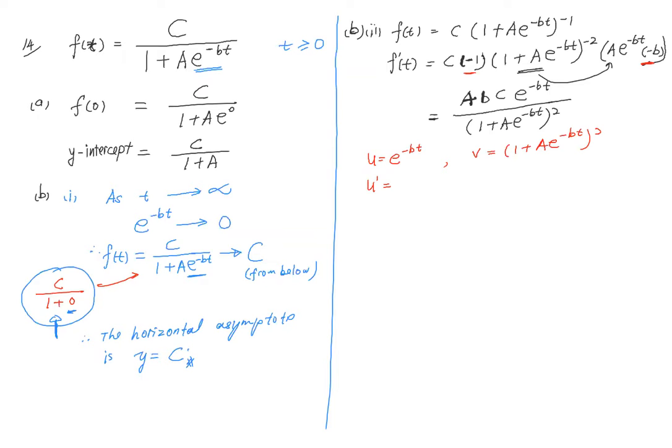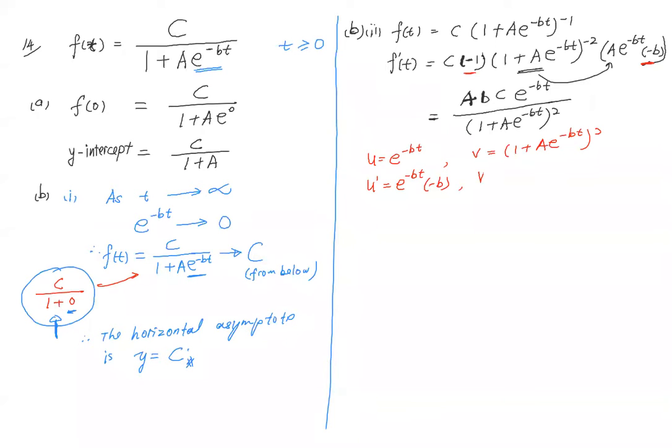Shinyi? Yeah, Miss, I'm here. Yeah, you have to be quick. What is u prime? 1 over e^bt. How can it be 1 over e^bt, Shinyi? This is exponential, correct? Isn't it you're supposed to copy down the whole thing? Yes. Then times by the derivative of the power. Isn't it?